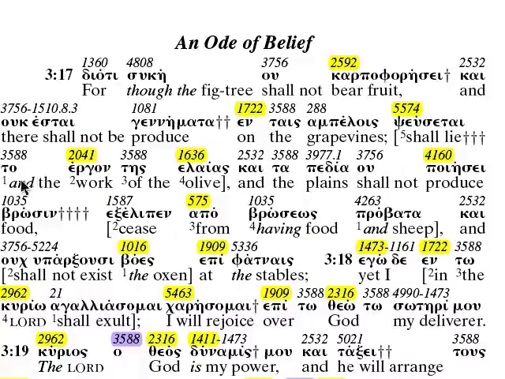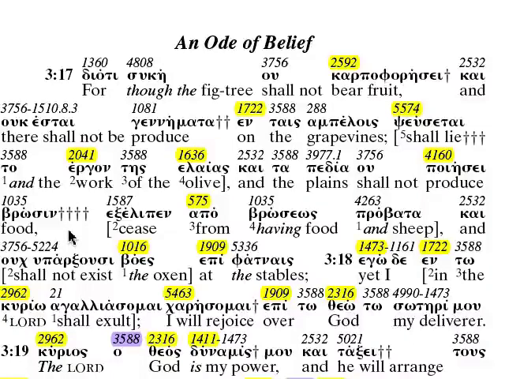and continues, and the work, the ergonomics of the olive, eleas, oil, even though the work of the olive shall lie, psevsete, pseudo is a derivative, and the plains shall not produce, poiesi, I mentioned before, the poet is a derivative of poieo, something to doing, in this case producing food, vrosin.